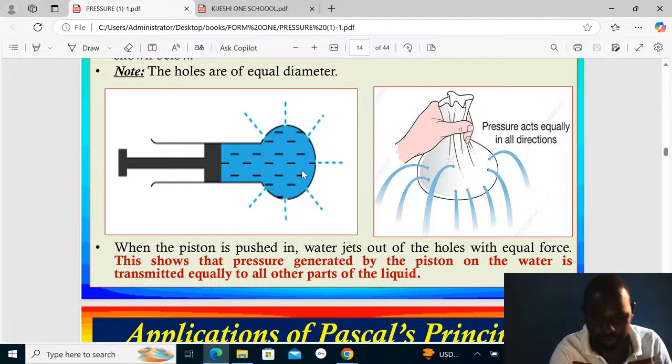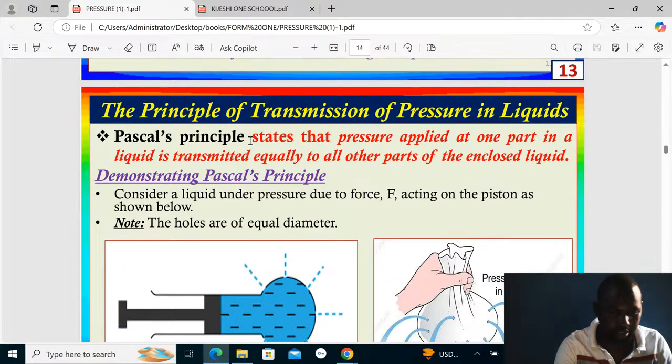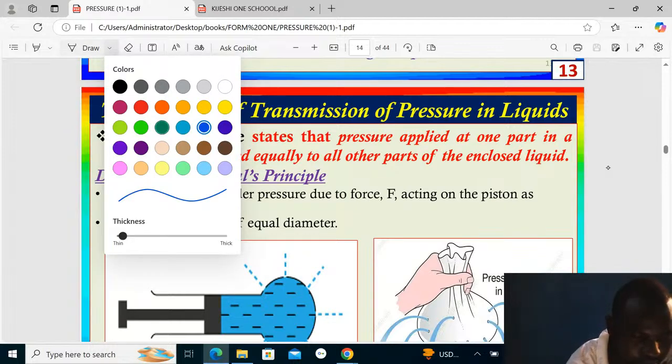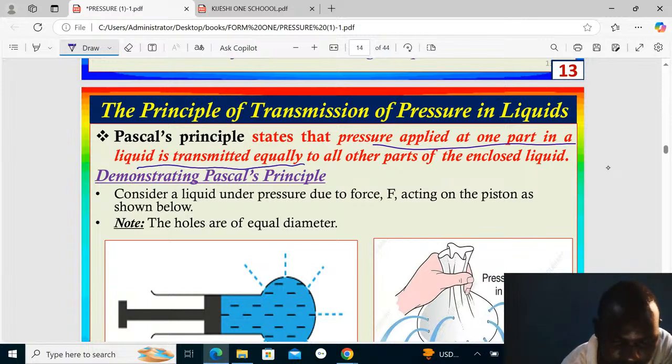And here is the Pascal's principle. It states that pressure applied in one part of a liquid is transmitted equally to all other parts of an enclosed liquid.